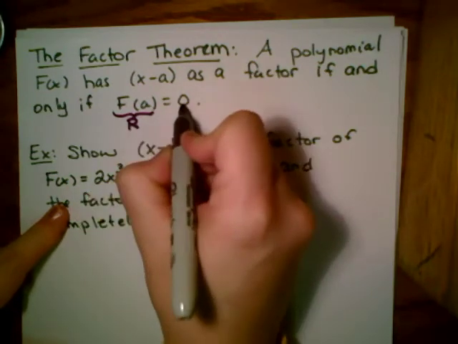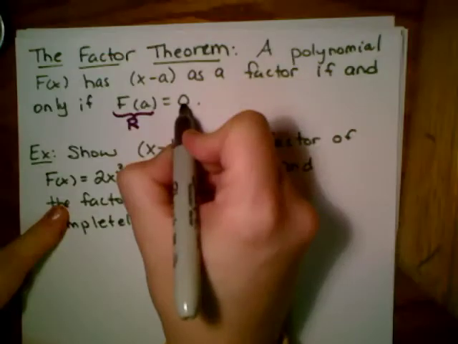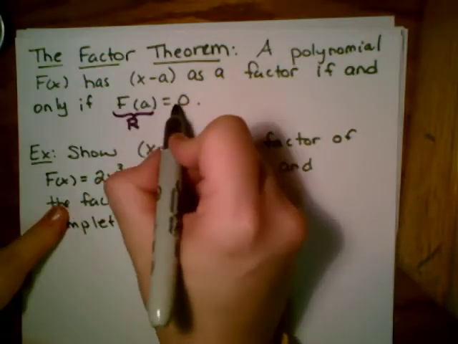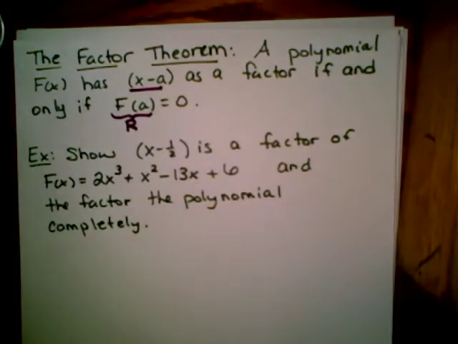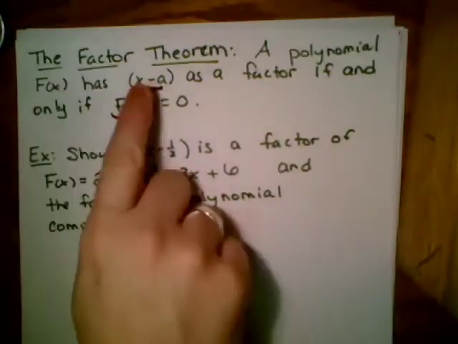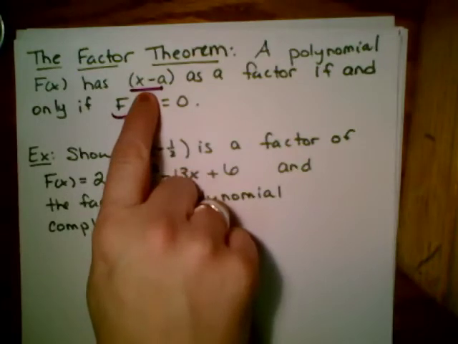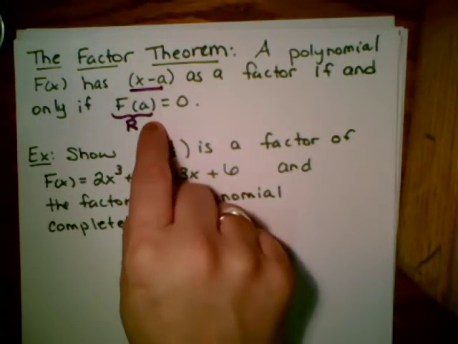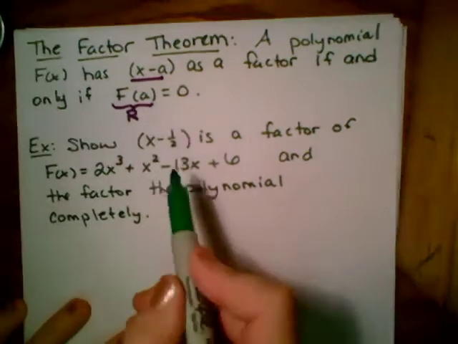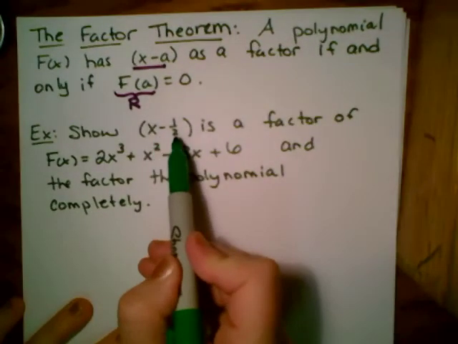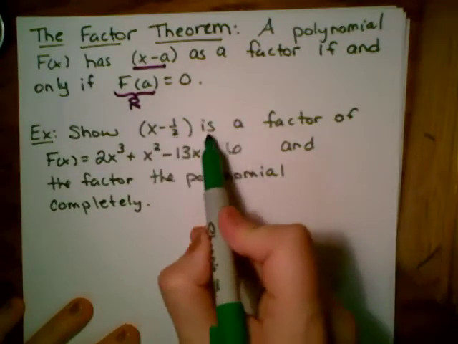A remainder 0 means division comes out evenly, so if f of a is 0, then x minus a is a factor of the polynomial. So a polynomial f of x has a factor x minus a if and only if f evaluated at a is exactly 0.